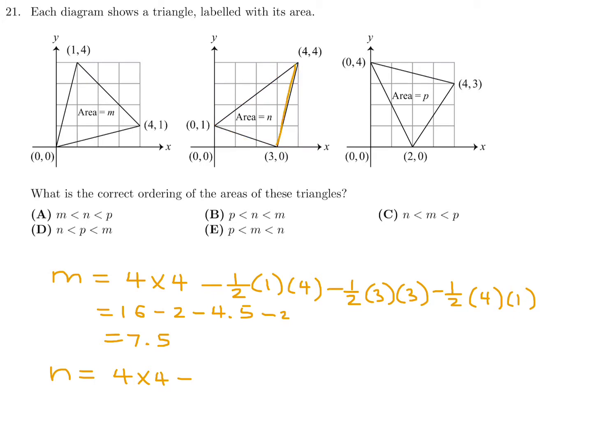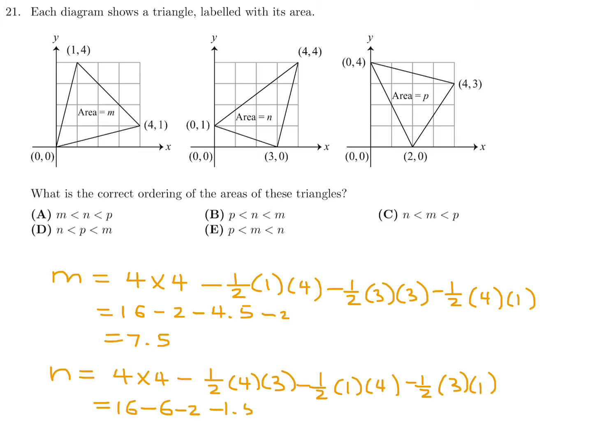And when you do, you will have this remaining, which is the area of N. So 1/2 base times height, 4 times 3, 1/2 1 times 4, and 1/2 3 times 1. So this will be 16 minus 6 minus 2 minus 1.5, and that is 6.5.